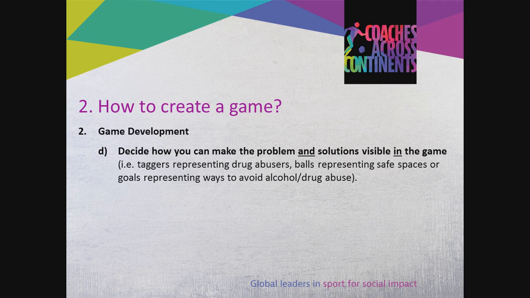So for example, you can decide, I will play this game that has taggers, and these taggers will represent the drug abusers. Or balls will represent different safe spaces. Or goals will represent different ways to avoid alcohol and drug abuse.